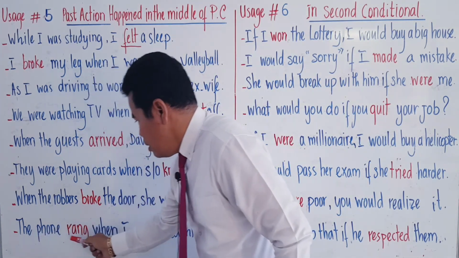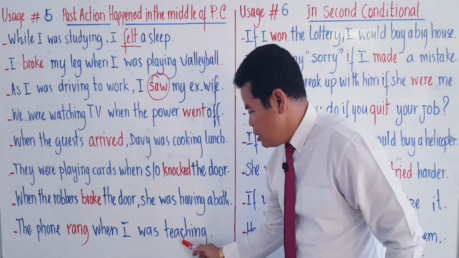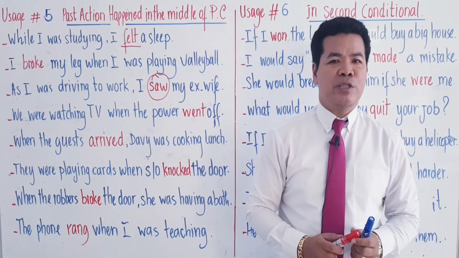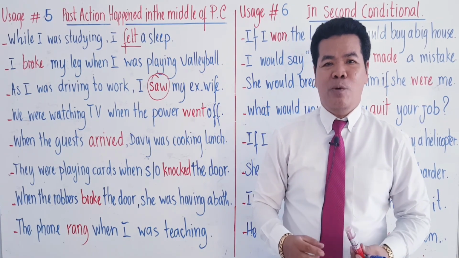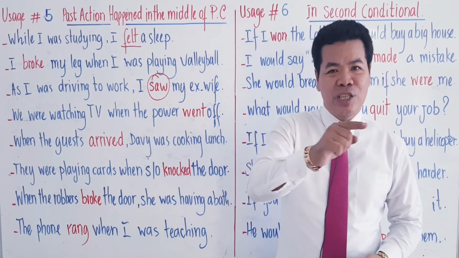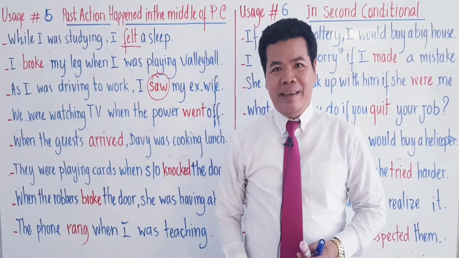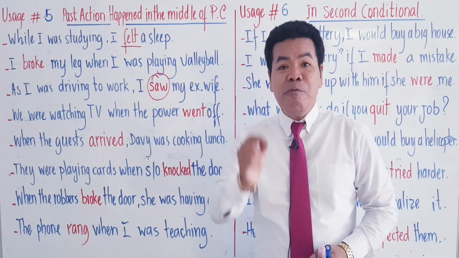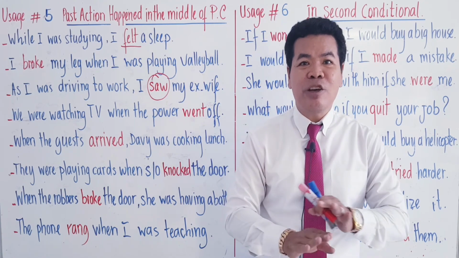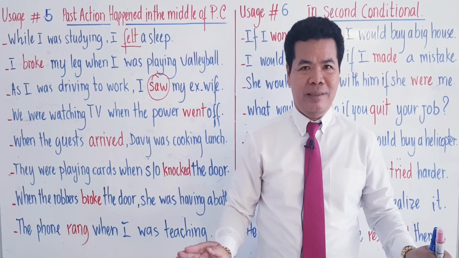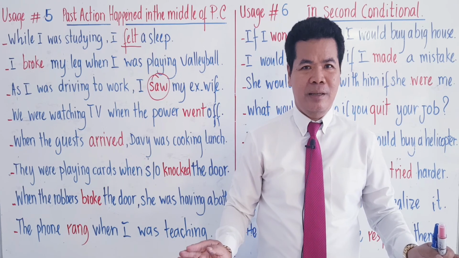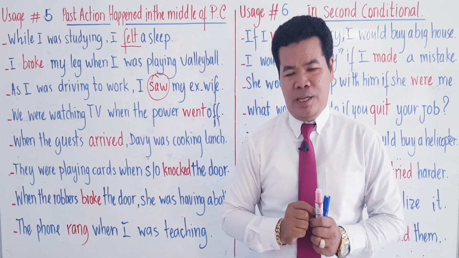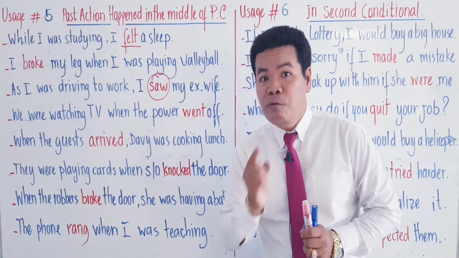The phone rang when I was teaching. For example, the action I was teaching is like that. Okay? And after that, the phone rang. When the phone rang, I had still not finished my teaching yet. Listen to me once again. I was teaching, and then the phone rang.